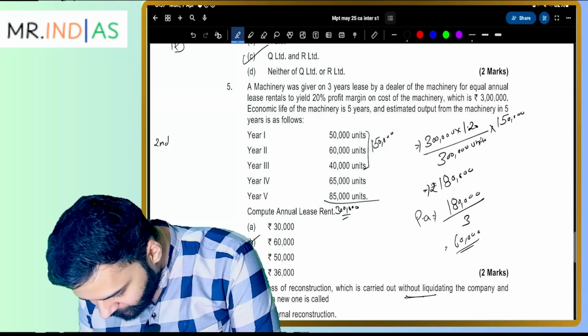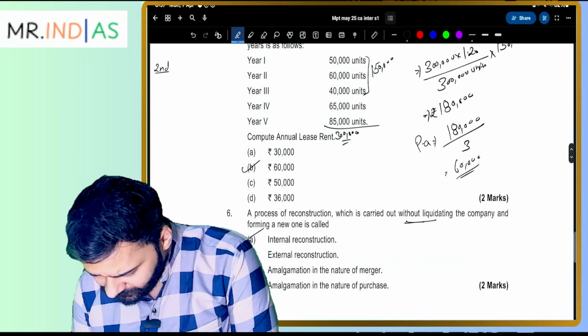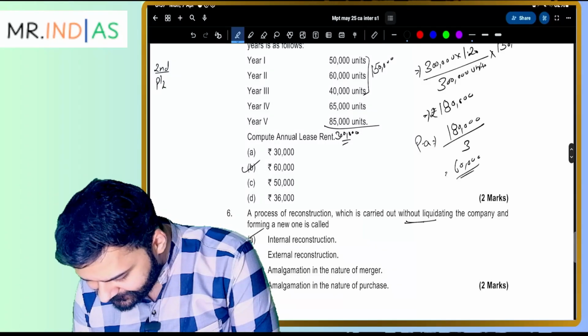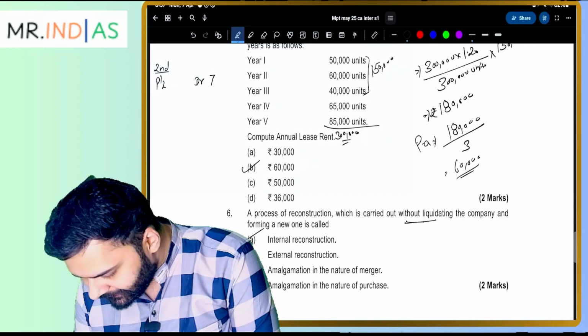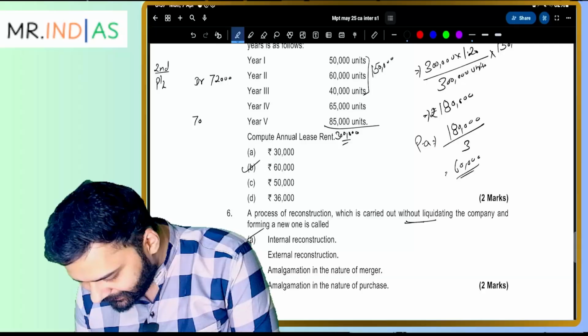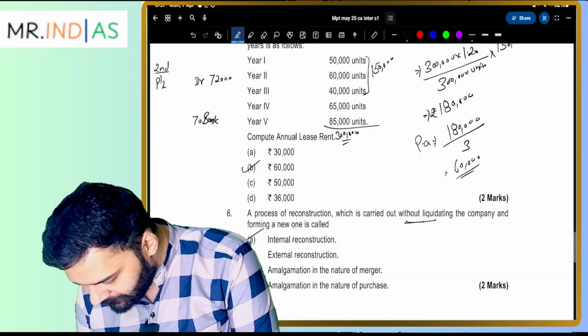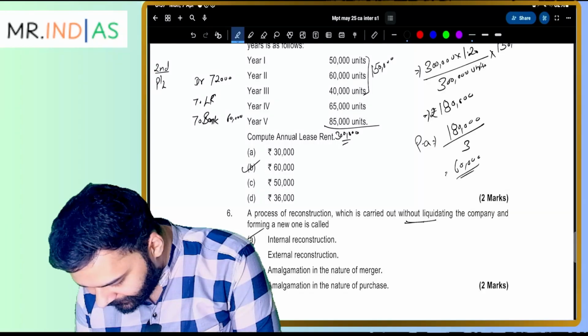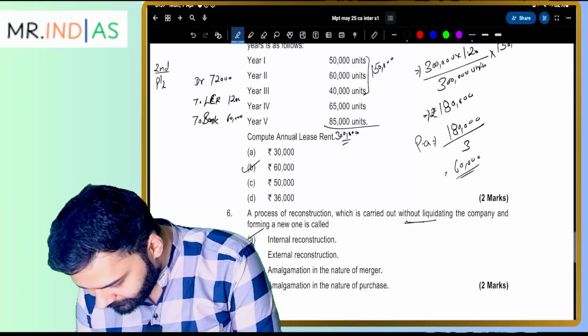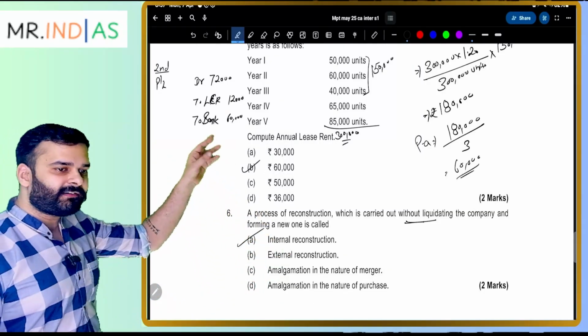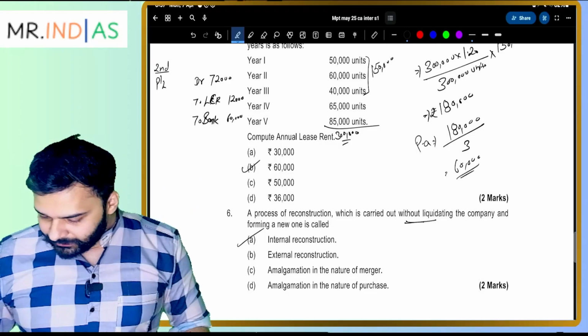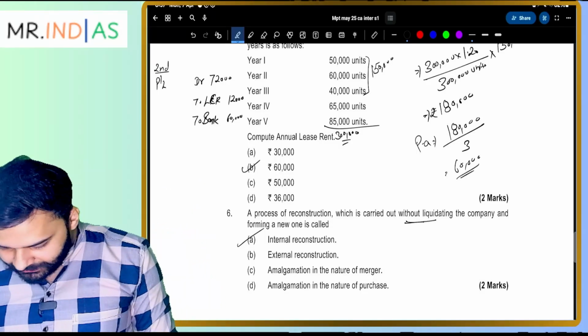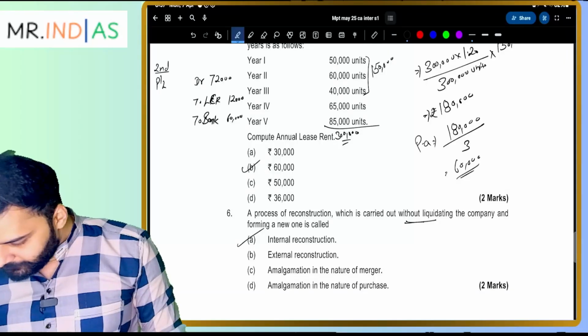For the second year you pass an entry: P&L account or lease rental, since it is an operating lease, 72,000 to bank. Since you made payment of 60,000, you credit LER 12,000. This LER will get reversed in the third year when the charge to the P&L account is divided by 15 into 4, 48,000.